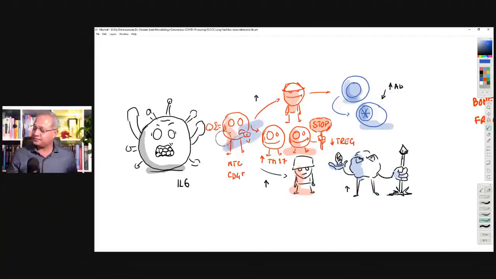Plus, a naive T cell can be converted into a T helper 17 cell or T regulatory cell. So four outcomes. This pathway is for humoral response to make antibodies. This pathway is for cytotoxic response. These two guys sitting in the center, all happy and dandy, are responsible to control the immune system and not let it go out of hand.